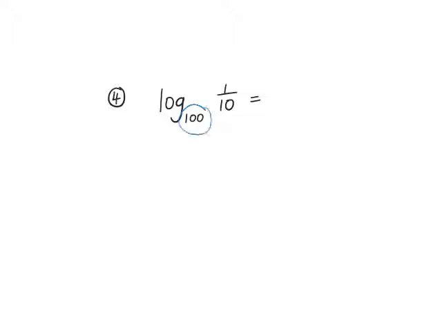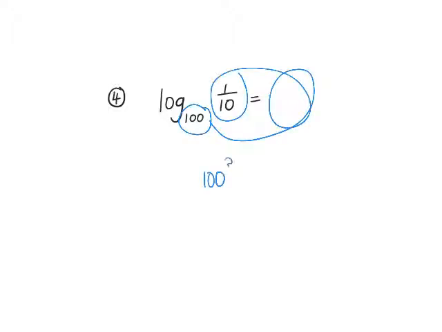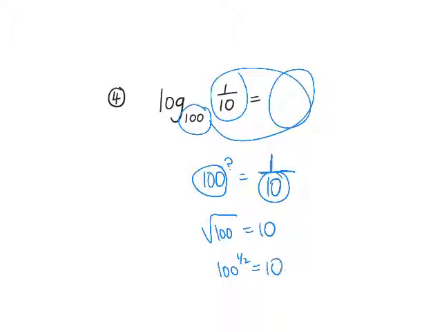Okay, and we're asking ourselves 100 to the what power gives you 1/10? So 100 to what power gives you 1 over 10? So I see that it's fractional, so it's probably going to be a negative exponent because it flips it. But notice we went from 100 to 10. So square root of 100 is 10. Therefore, 100 to the 1/2 gives you 10.